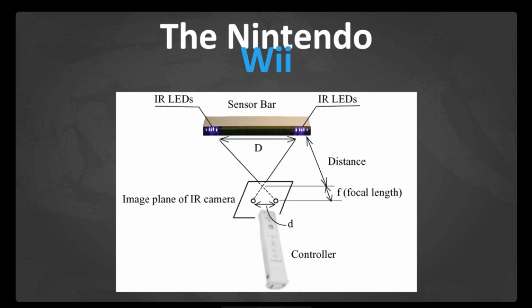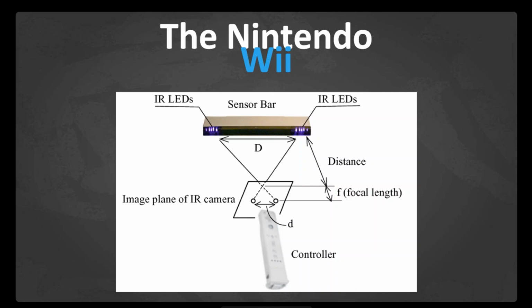You cannot cover that piece for the remote to work. But the sensor bar doesn't actually sense anything. It's just a bunch of lights that it sprays out into the room. The controller is actually what picks up the light and figures out where it's at.